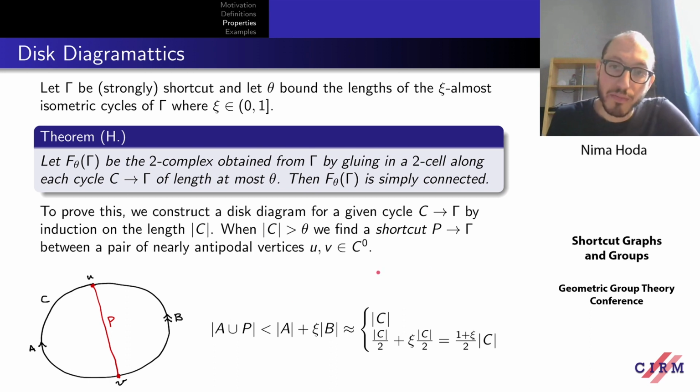Otherwise, if C is long, then there's going to be some pair of vertices that are nearly antipodal. These aren't just points; they're actual vertices. They may be off by 1 or 2 from being antipodal, but they're going to be closer in the graph than they are in the cycle, and in the strongly shortcut case, they're going to be closer by a psi factor.